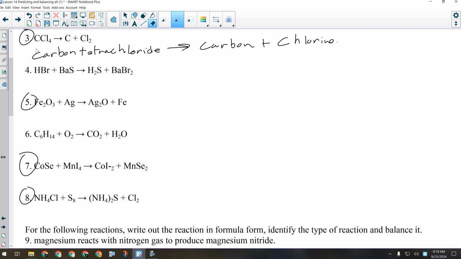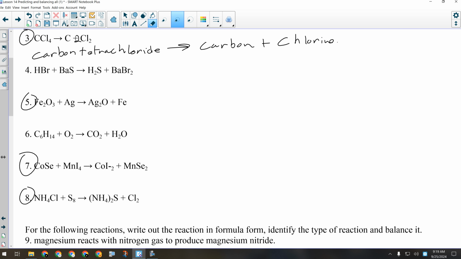So that's what it would look like in word form. Obviously, we already said it's a decomposition reaction. So I need to balance this thing. 4 is the biggest number, so what do I need to put here? 2. Right. Is everything else okay?